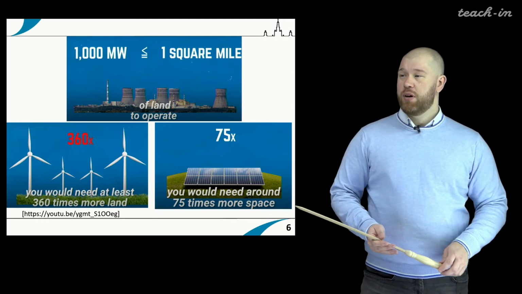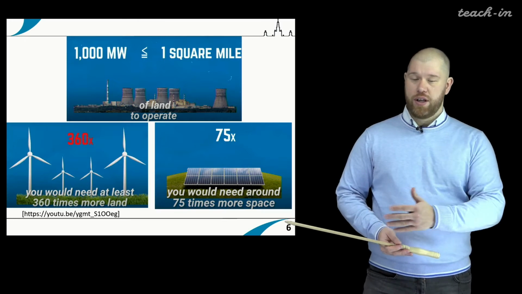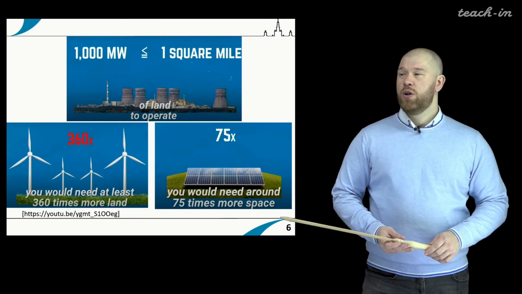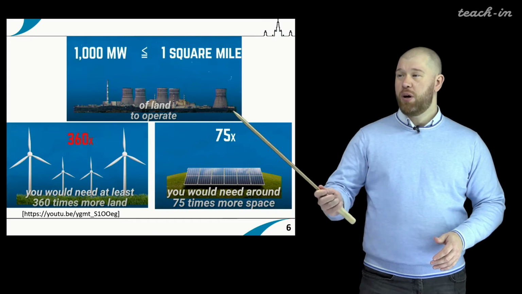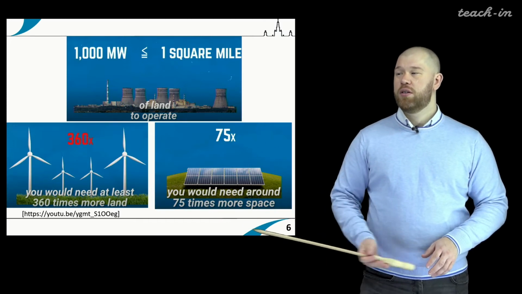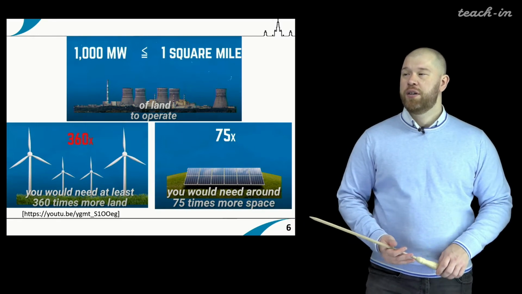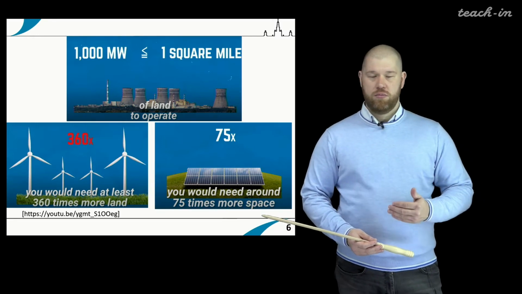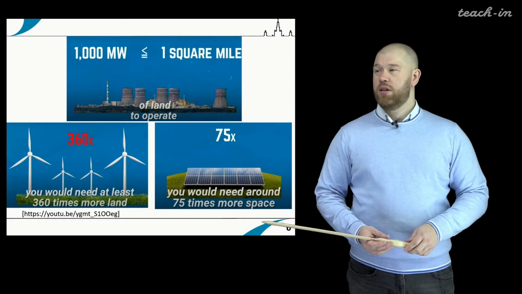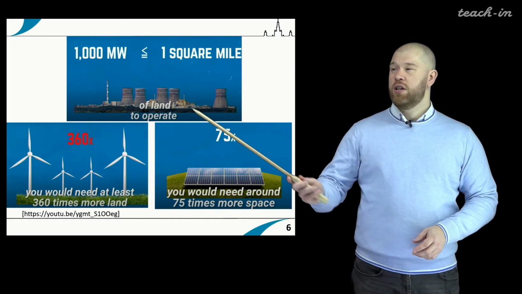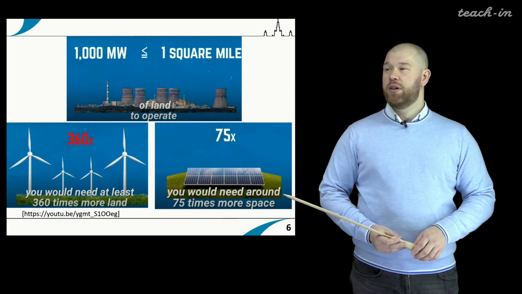It's just the comparison of the area that we need to build a nuclear power plant or wind power plant or solar power plant, assuming the same production of energy, around 1000 megawatt.